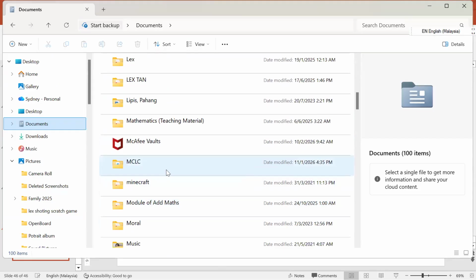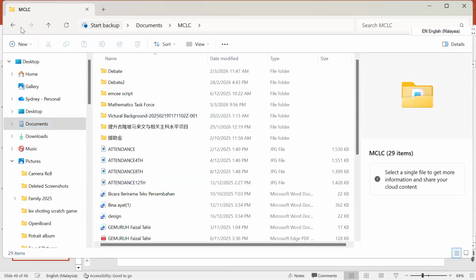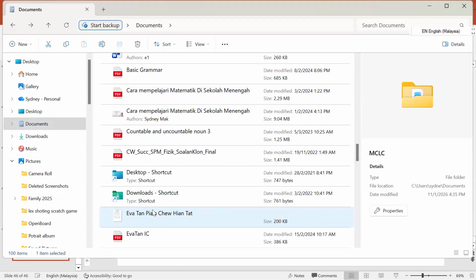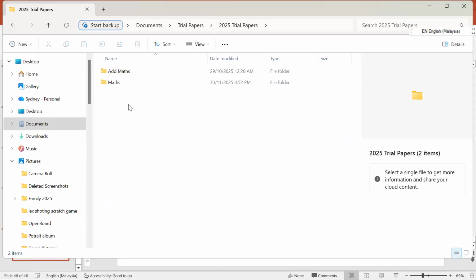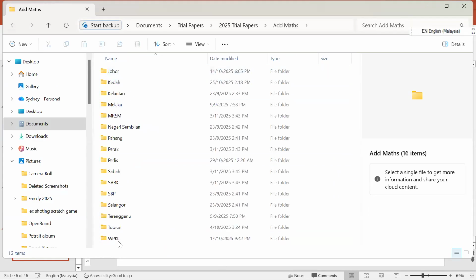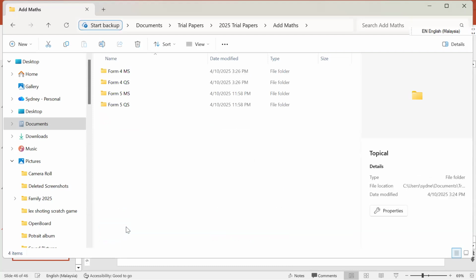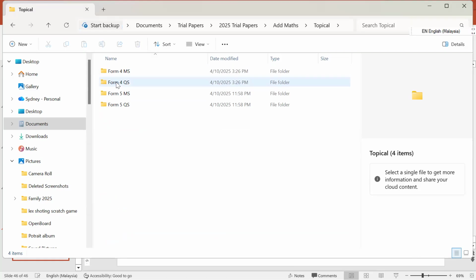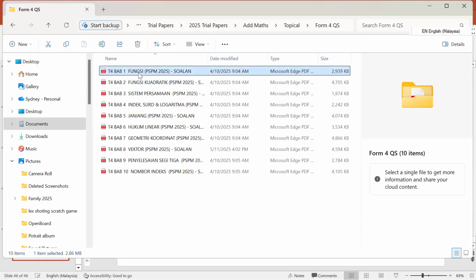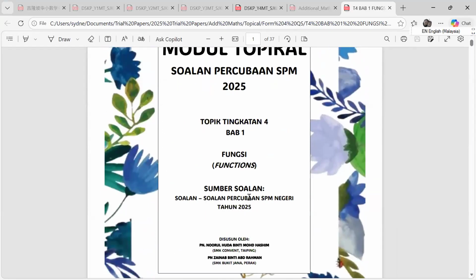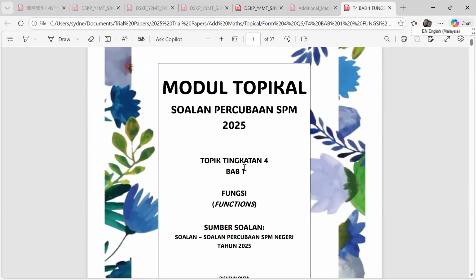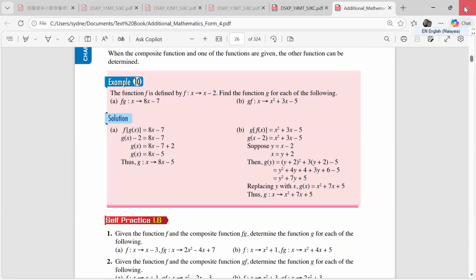When you were in Form 4, I shared with you the topical questions. I don't think you have seen this before. The one that you have is not this color. This is 2025. Right, I will share this. Then you can try the questions there.